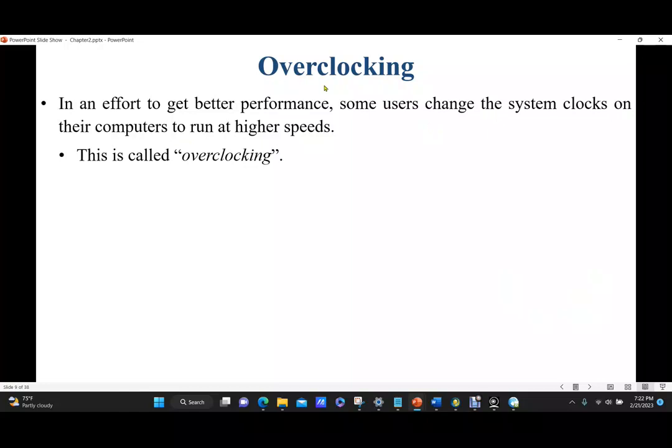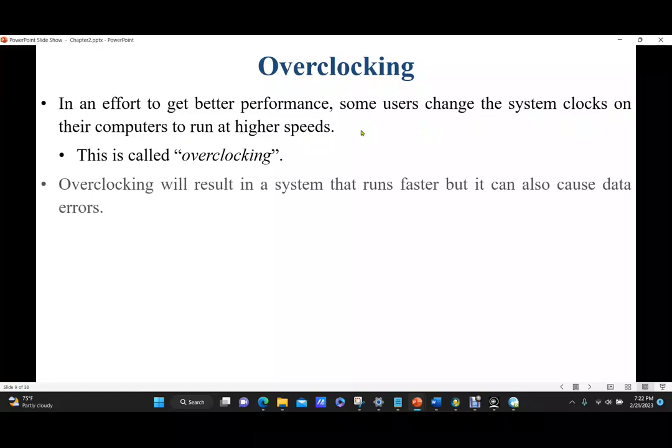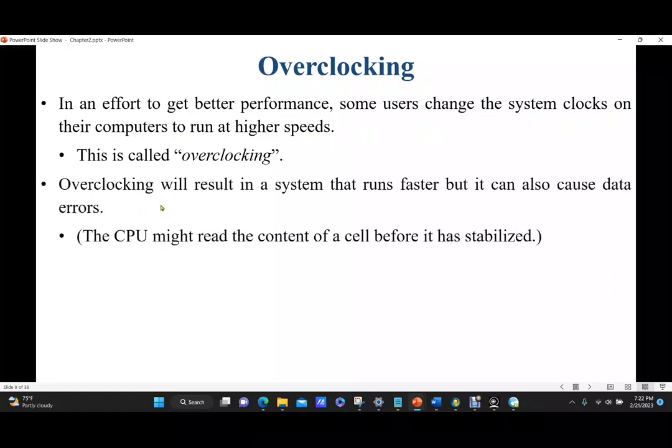This is called overclocking. It does result in a system running faster, but it can cause data errors. Quite possibly the CPU reading the content of a cell before it has stabilized, so we get the wrong value when reading it.